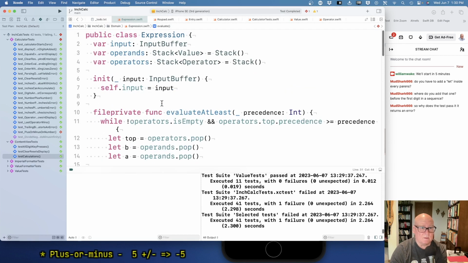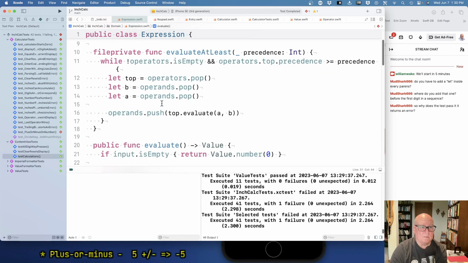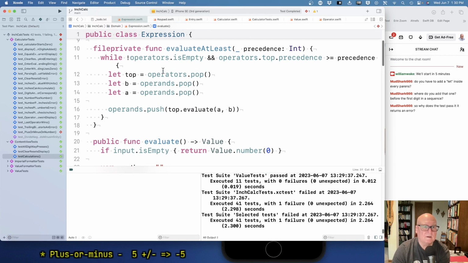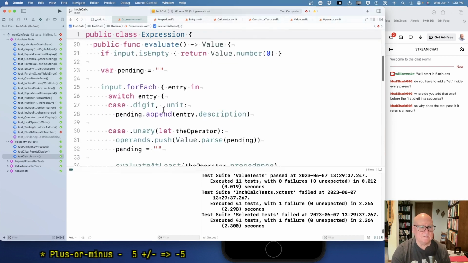So I think we won't pop the stack. But we're going to call evaluate. Okay, so we're doing a little bit of this, but just once.